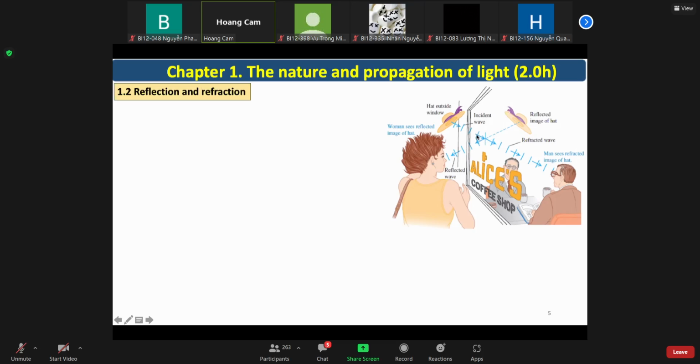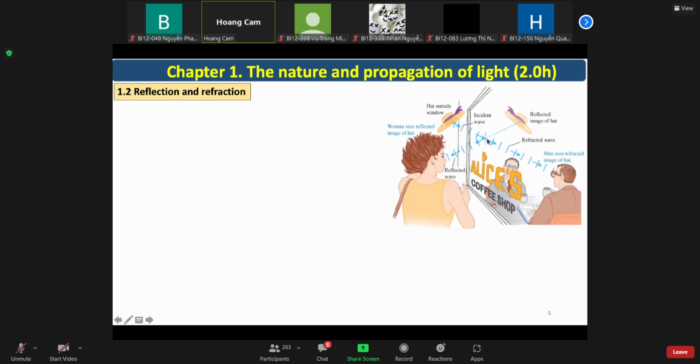However, due to the difference of these two media, one is air, one is glass, the light cannot go straight like in air anymore, but it will be bent a little bit depending on the relationship between the two media.